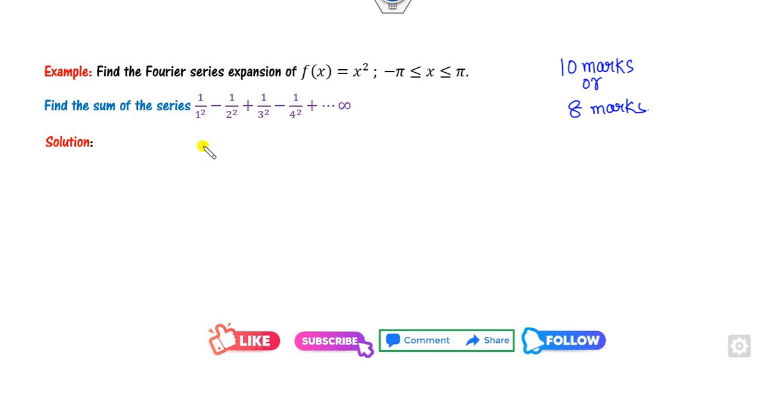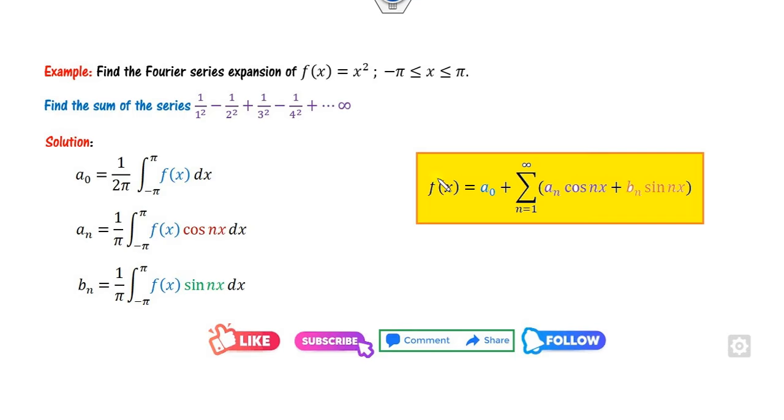Now, firstly, how can you find the Fourier series? We all know the Fourier series is this, where a0, an and bn are defined in this manner. Remember, if you are using a0 by 2, then your a0 will be 1 over pi. It depends on you whether you want to use a0 by 2 or simple a0.